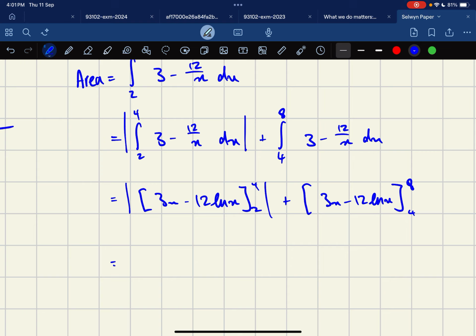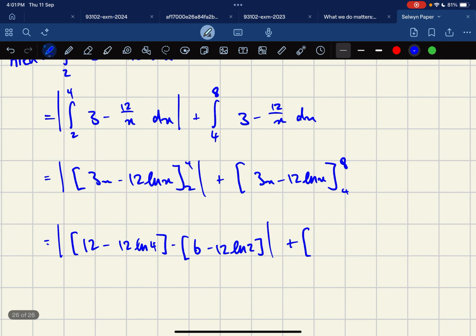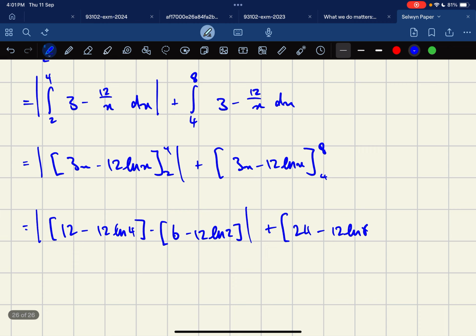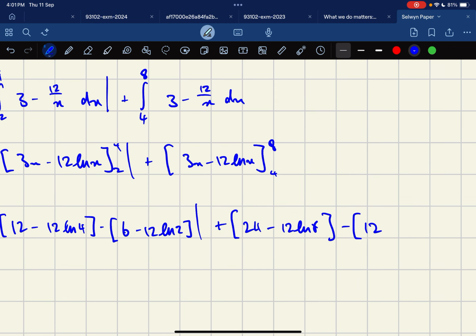So the first part we have 12 minus 12 ln of 4 minus (6 minus 12 ln of 2), and then adding on 3 times 8 is 24 minus 12 ln of 8, and then minus 3 times 4 is 12 minus 12 ln of 4.